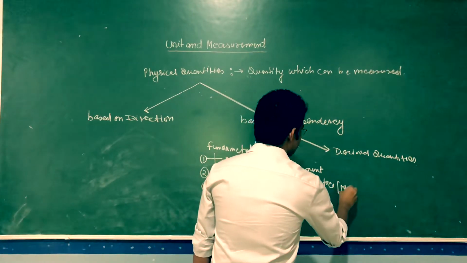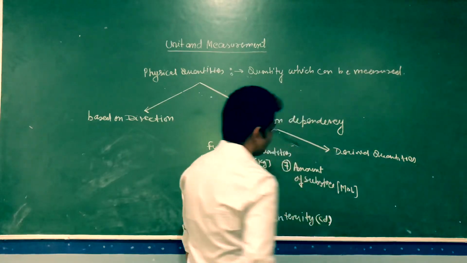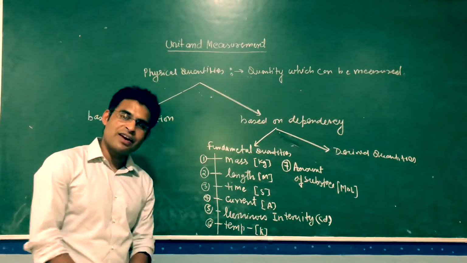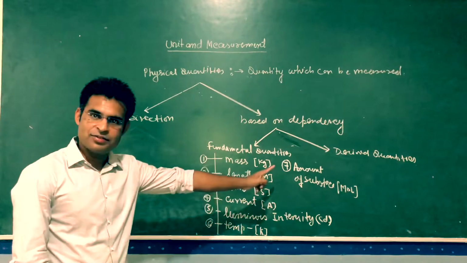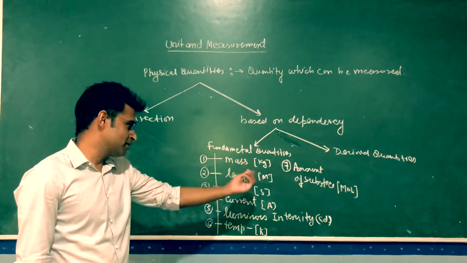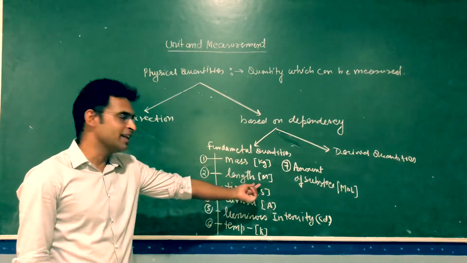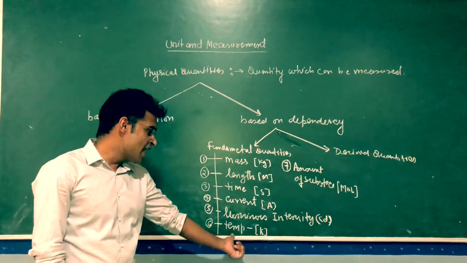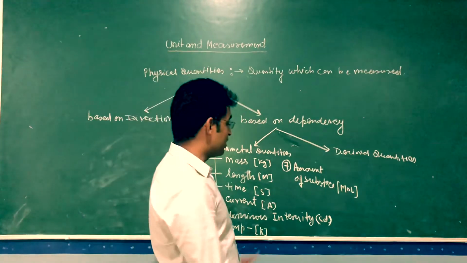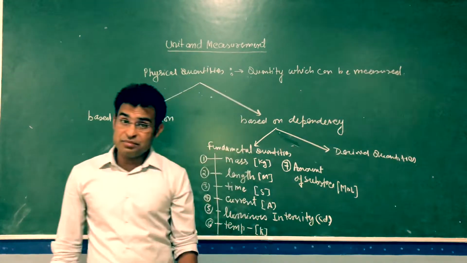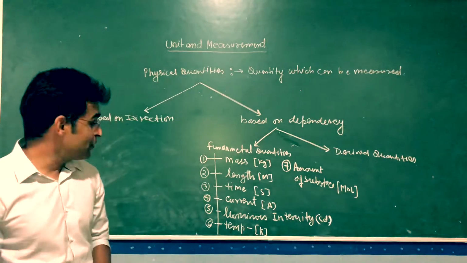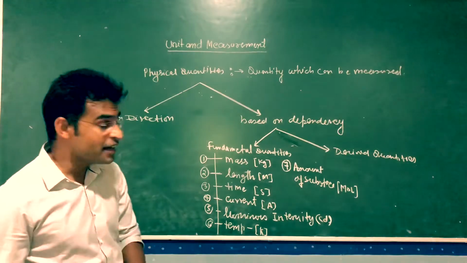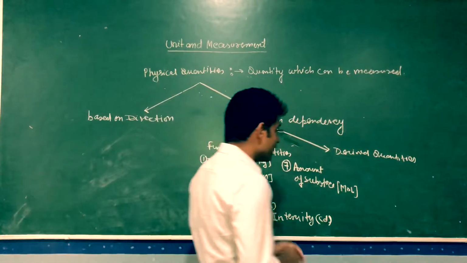This one we measure in mol. So basically there are seven fundamental quantities. The first one is mass, unit kg. Second, length, meter. Time, second. Current, ampere. Luminous intensity, candela. Temperature, Kelvin. And amount of substance, mole. It means these quantities do not depend on any other quantities, so that's why we call them fundamental quantities.